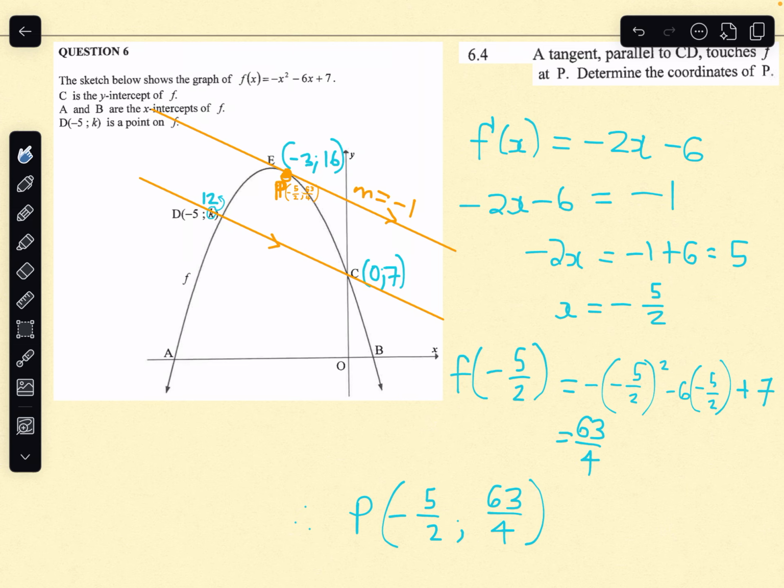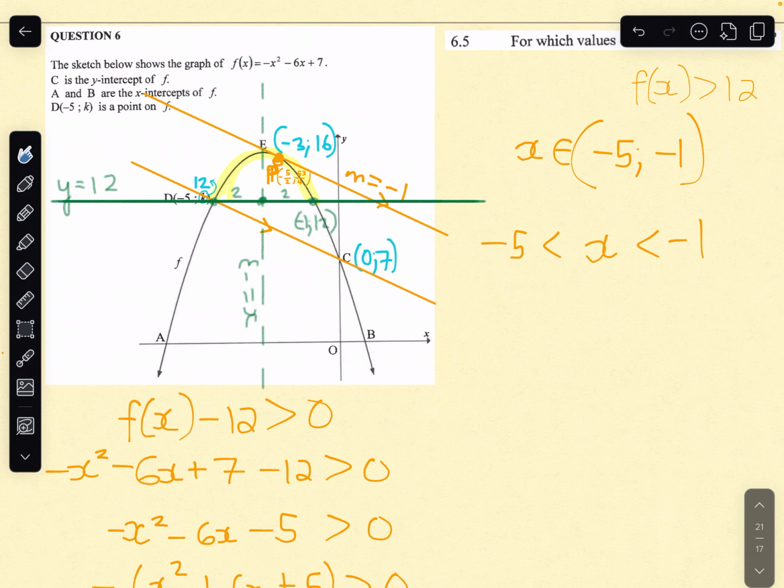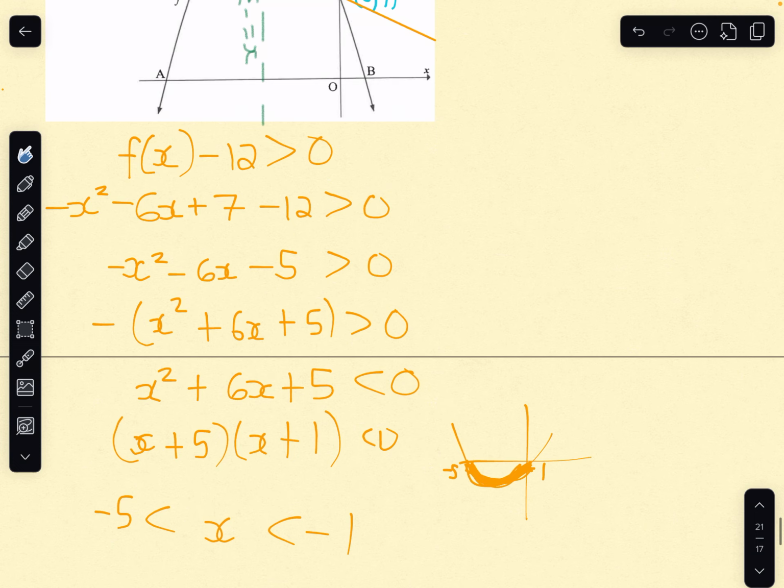We put it back into our function to find the y coordinate of P, and we arrive at P is minus 5 over 2 and 63 over 4. Then finally for 6.5, their first approach is to use symmetry, and we get that x must be between minus 5 and minus 1. Otherwise, you can solve the inequality, so what we did here in the second approach, and that also gives you the same answer of x being between minus 5 and minus 1.